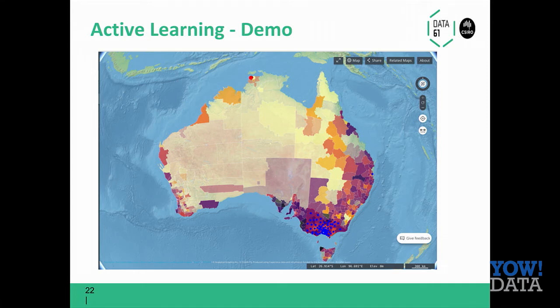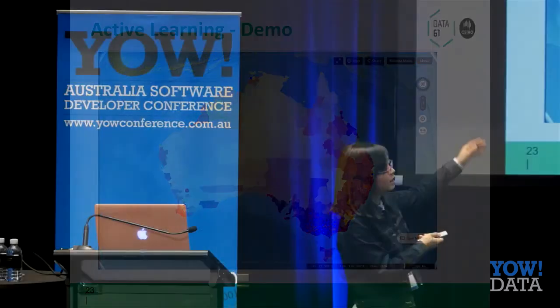So our model tells us that you should get the quantity in Darwin, shown as these red points there. And if you get the quantity for Darwin and repredict, you can see the differences. So the transparency disappears a lot in the north area.